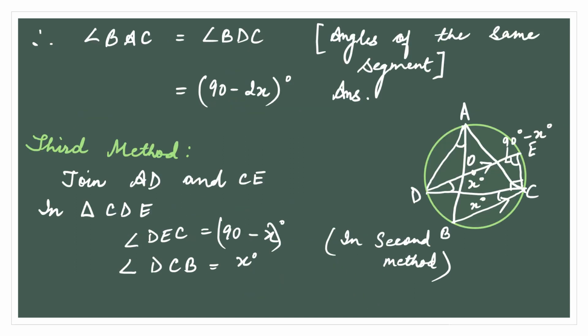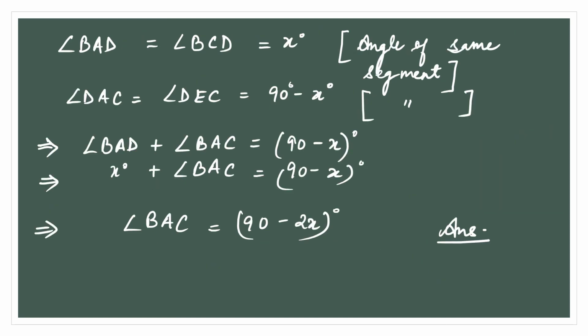And now angle BAD is equal to angle BCD is equal to x degree because angle of the same segment. Angle DAC is equal to angle DEC is equal to 90 minus x degree because of the same reason, angle of the same segment.